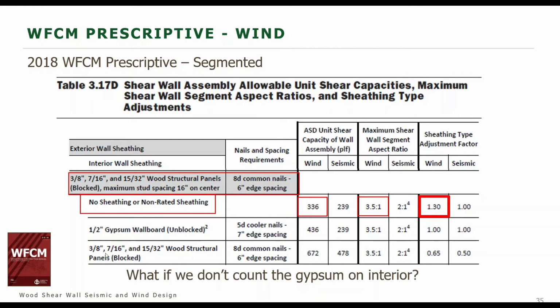So what does that mean? Well, that means we multiply our full height sheathing requirement, that 8.8, by this sheathing type adjustment factor. So then we see that our required length is 11.4 feet.